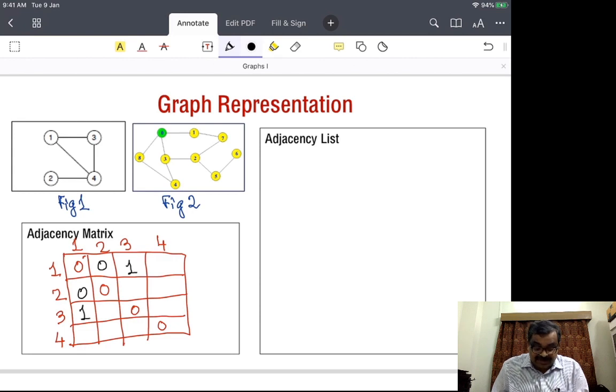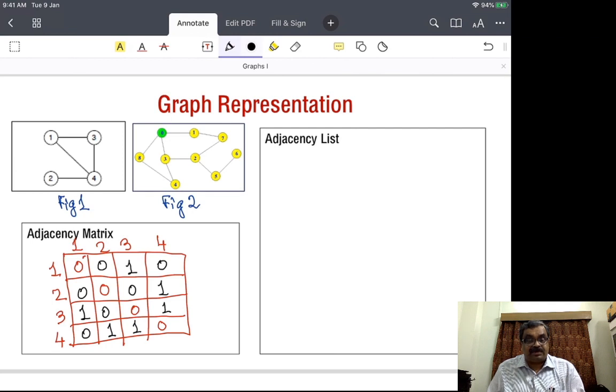There is an edge between 3 and 4, and therefore there is an edge between 4 and 3. And there is an edge between 2 and 4, and therefore there is an edge between 4 and 2. These are only the 4 edges that we have in this graph, and the rest are zeros. So this is an adjacency matrix representation.